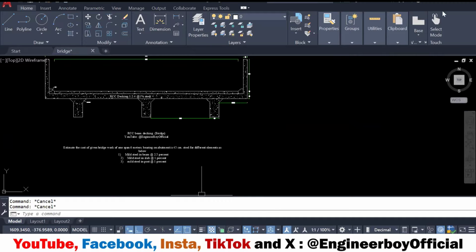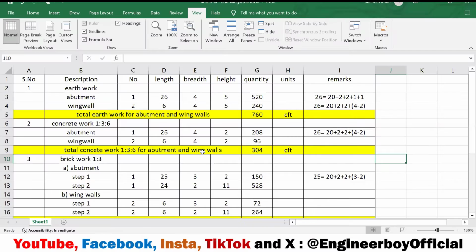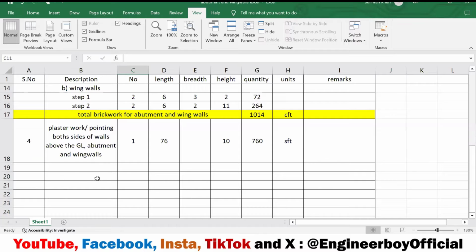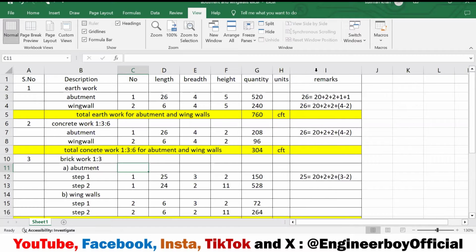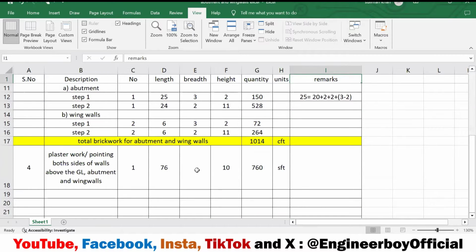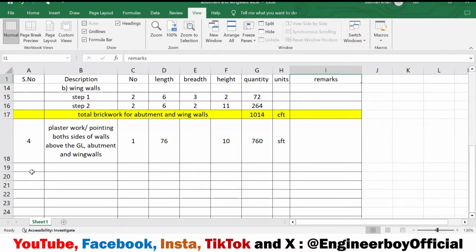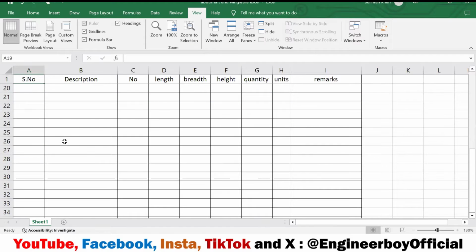I'll be using the previous table, the same table we already used for a small project, the one-room project. Again, it is the same: serial number, description, number, length, breadth, height, and quantity. We will also include the unit, and the remarks for detailing if needed.